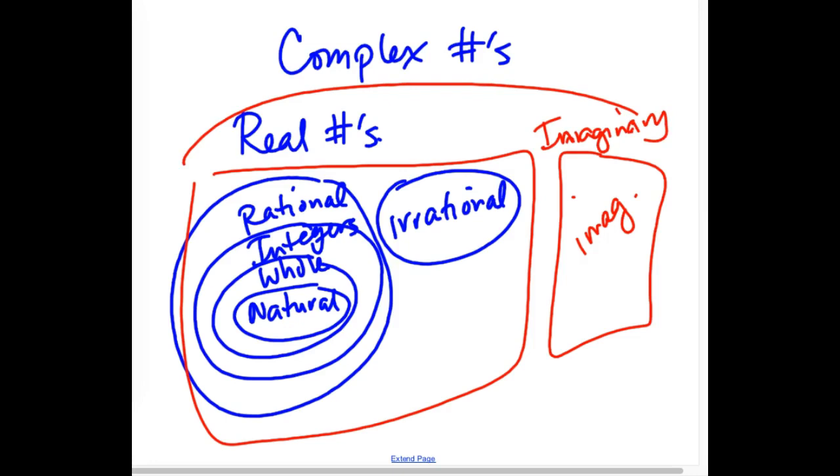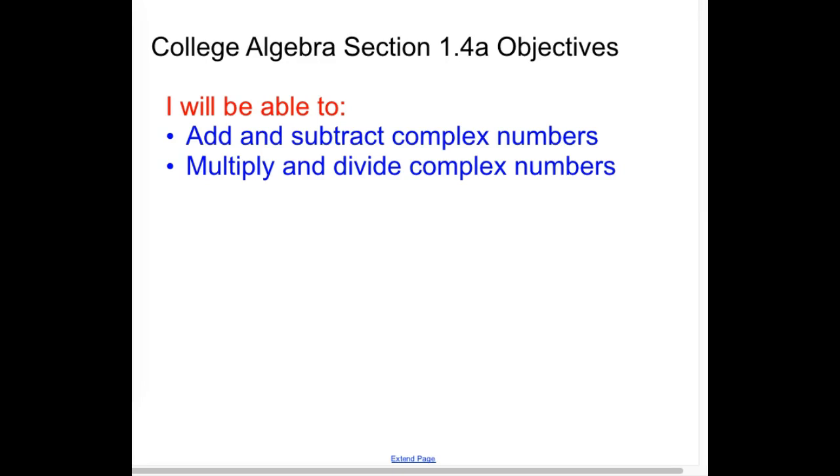So what we're going to be working on in this next section, complex numbers, we're going to add, subtract, multiply, divide. We're going to look at how we can solve equations that maybe have complex answers. All right? So all of the things that we're going to be looking at will have an i in them. All right? So today's focus is the first 4 operations, add, subtract, multiply, and divide with complex numbers.